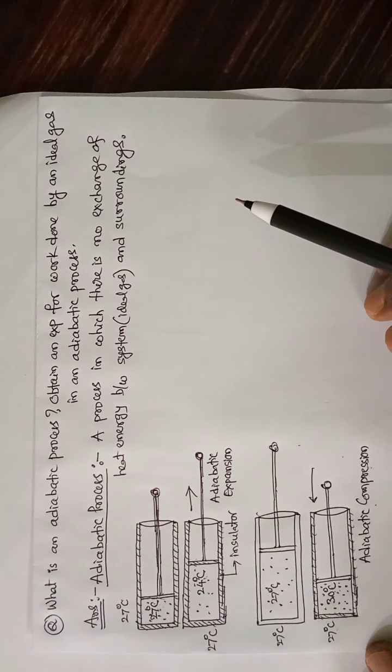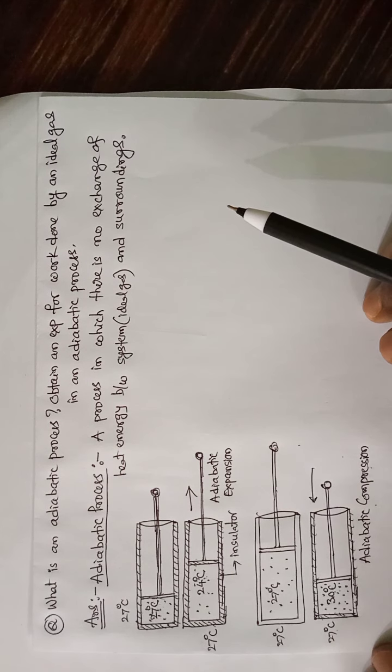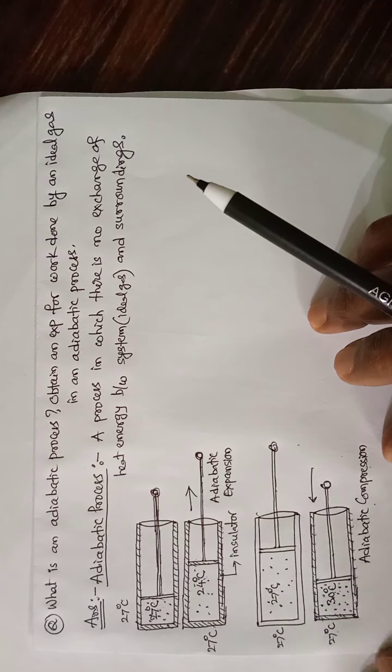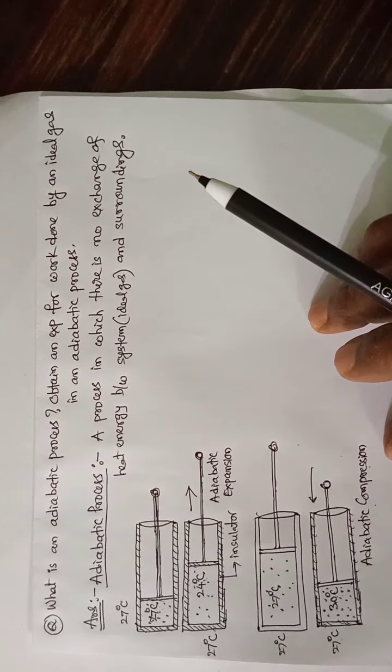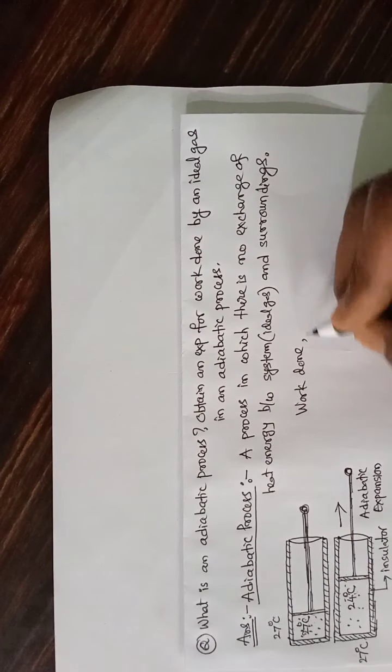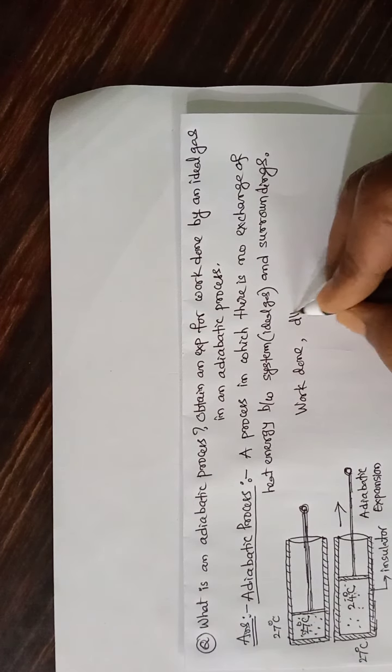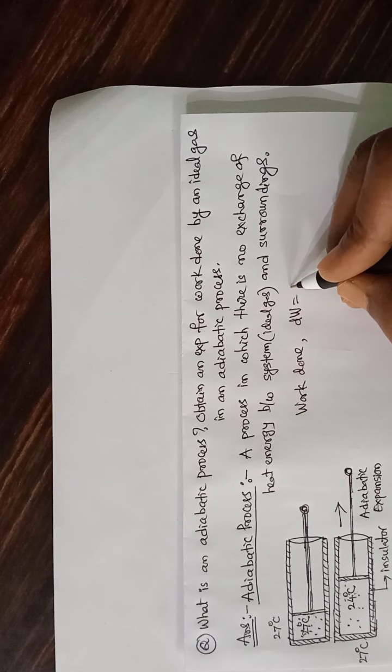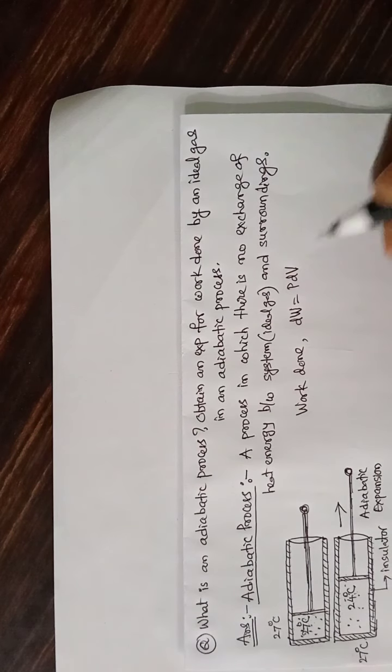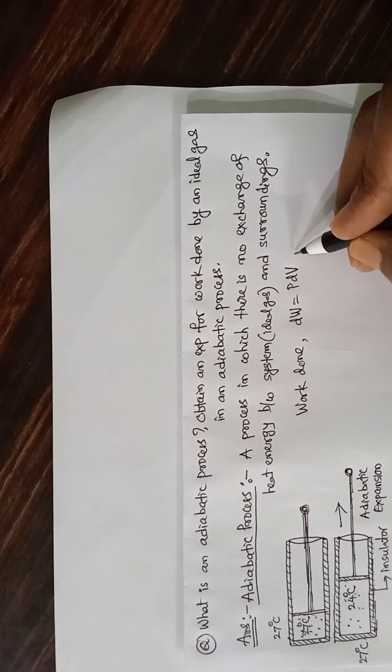Now let us find the expression for work done in an adiabatic process. Work done dW is equal to PdV. This is the expression.